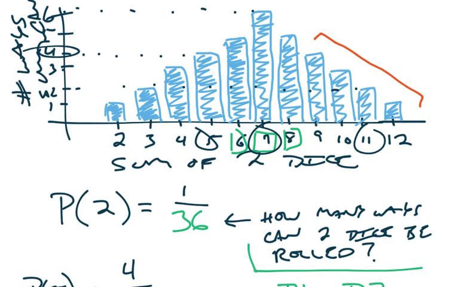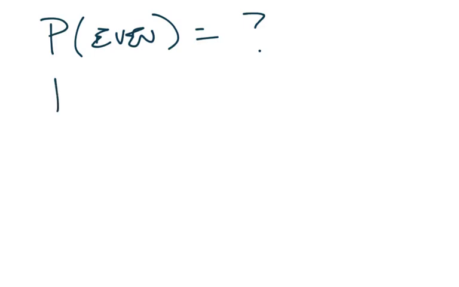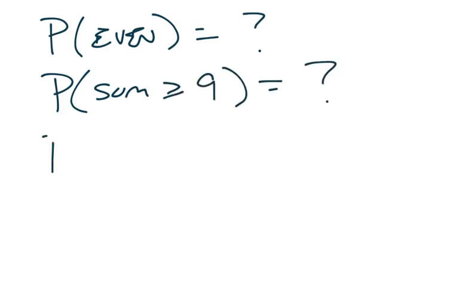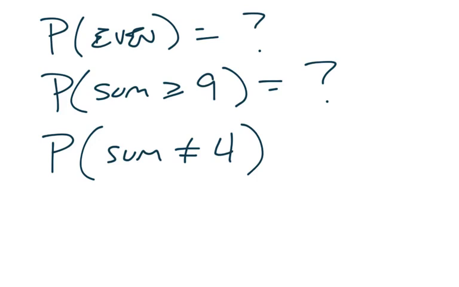These are all questions that should be answerable. We should be able to come up with answers for these. Let me just jot those down. What is the probability of rolling an even sum? What is the probability of the sum being bigger than or equal to 9? What is the probability of the sum just not being 4? I'm making these up. We should be able to answer all of these questions.